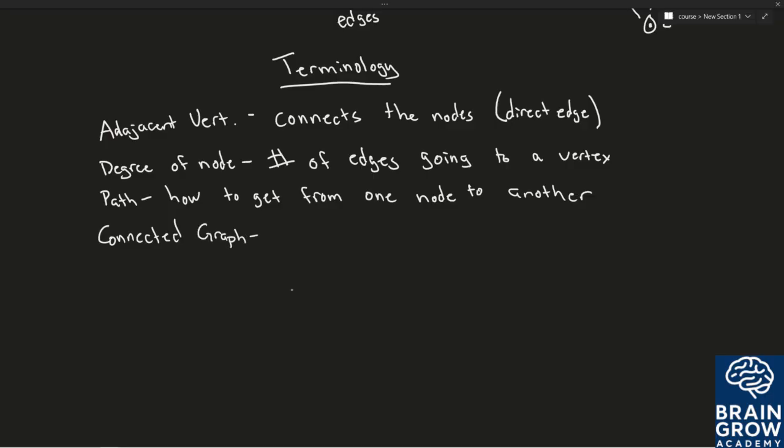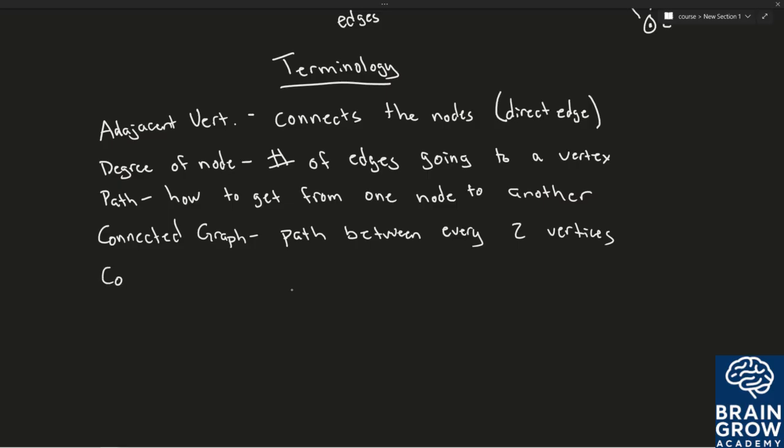This means that our graph has a path between every two nodes.